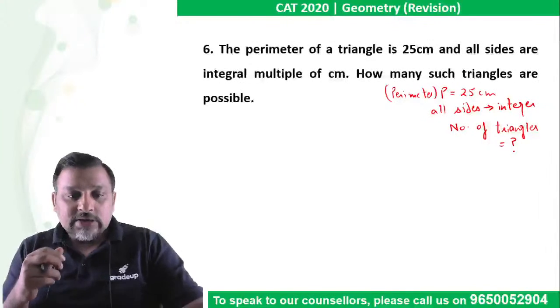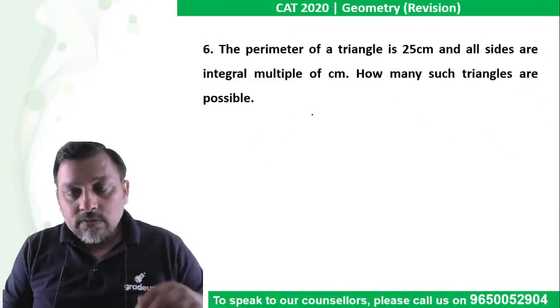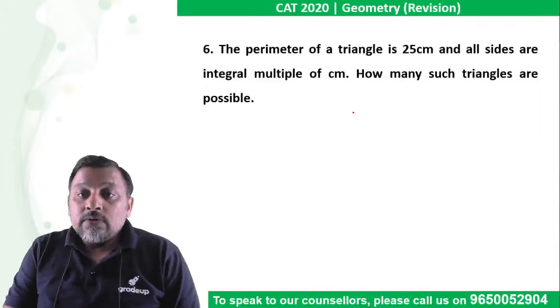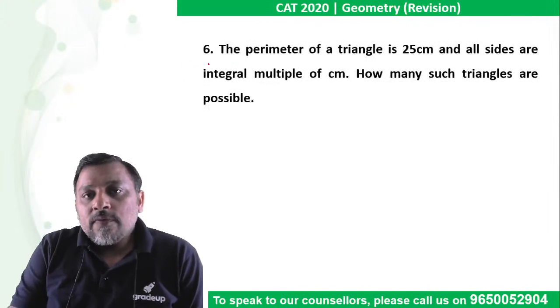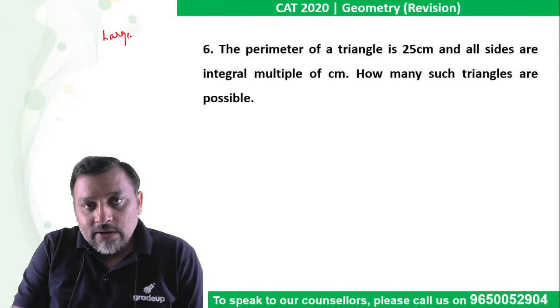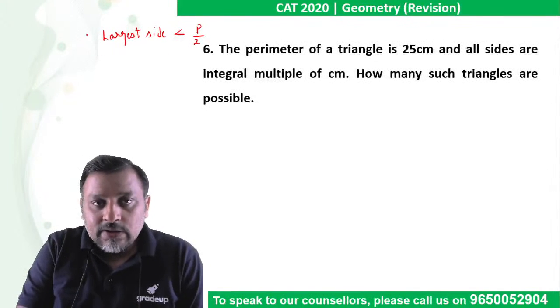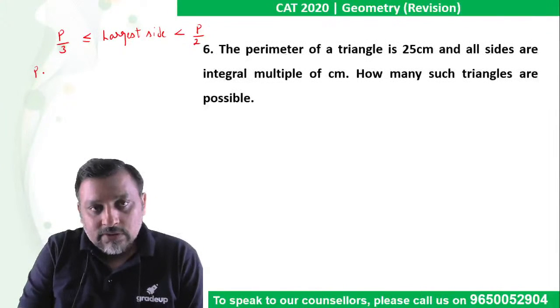Okay, so let's discuss this question. See, we know the largest side of a triangle is always less than half of the perimeter and more than or equal to 1/3 of the perimeter.